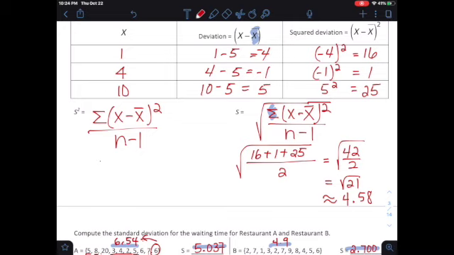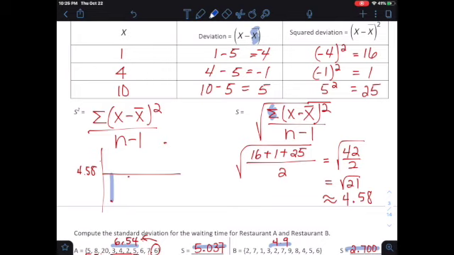So it's 1, 2, 3, 4. It's about 4.58. Let's say this is 4.58. Now the 1 is down here, the 4 is right here, the 10 is up here. And what they are really measuring is how far is this distance from my mean?